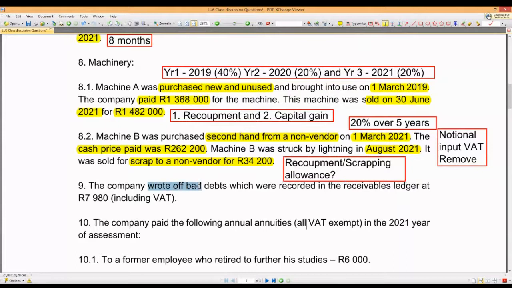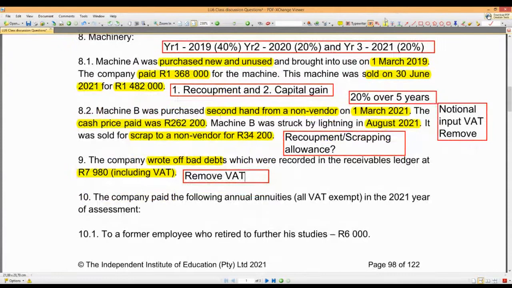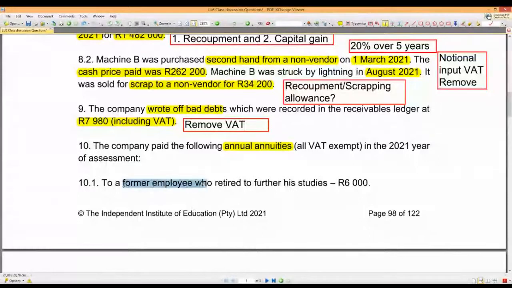Then we wrote off bad debts that was recorded in the receivable ledger at 7,980. So we can write that off, but we have to remove the VAT again when we do the deduction. And then we paid annual annuities, all VAT exempt, for 2021. So the first one was to a former employee who retired to further their studies.